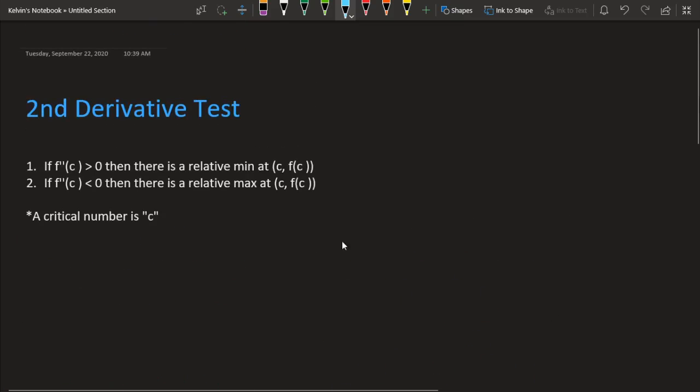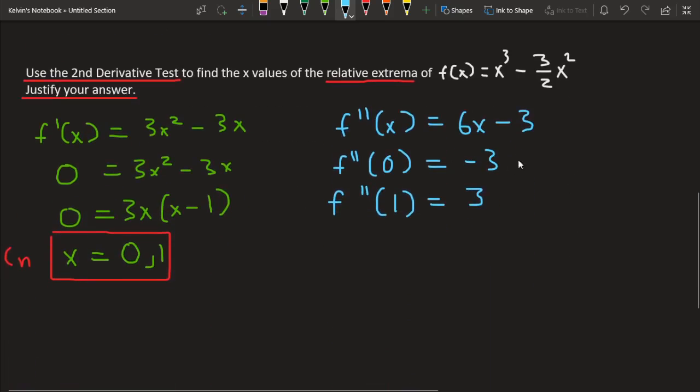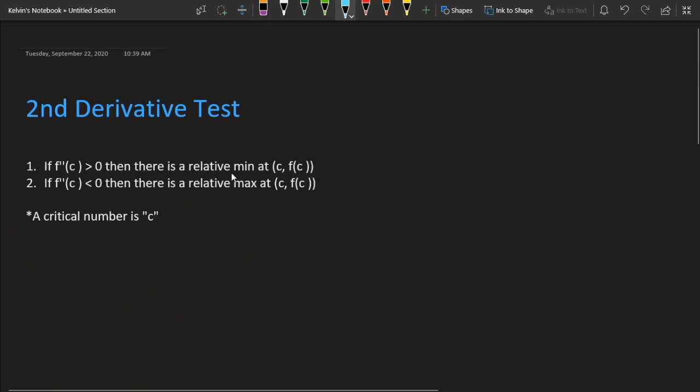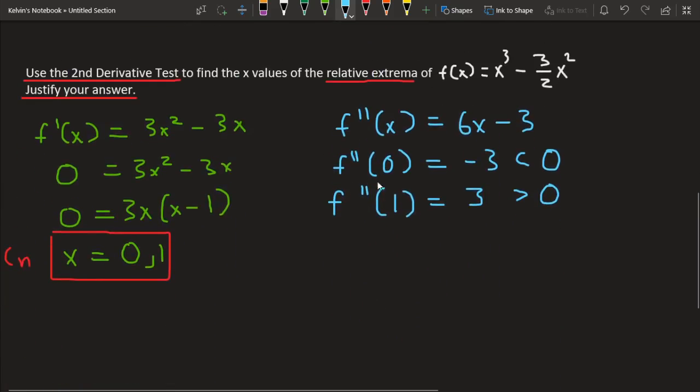And we see that if f double prime of c is greater than 0, then there's a relative minimum at c comma f of c. Now, let's look down. We see that negative 3 is less than 0, while positive 3 is greater than 0. And if we look back up, there should be a relative minimum when f double prime of c is greater than 0. And what do you know? There's a relative minimum at f of 1. So let's write that down.